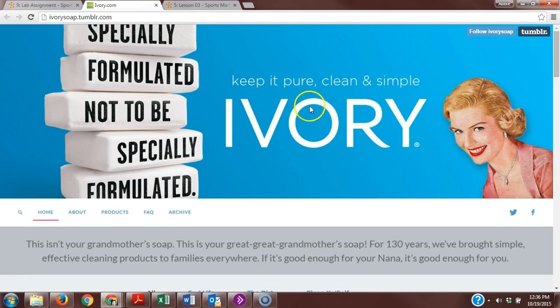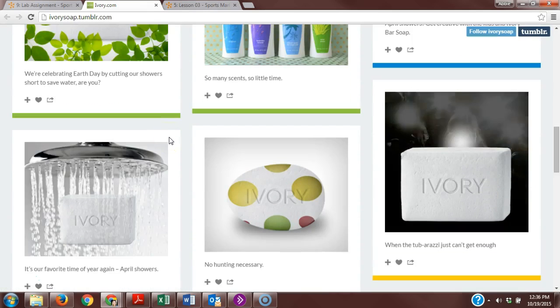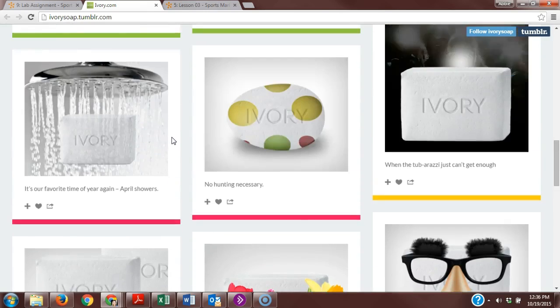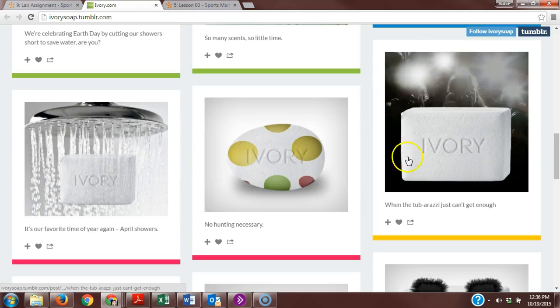That description is very similar to what their website is trying to portray, right? Just keep it pure, clean, and simple. Keep things simple. Nothing has to be fancy. It's just soap. Its job is to get you clean. There's not a lot of colors and frill. It's just a bar of soap.